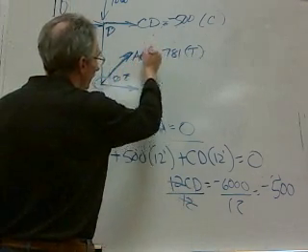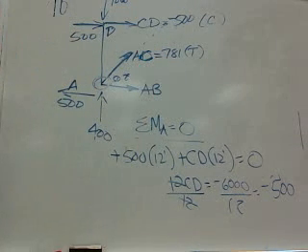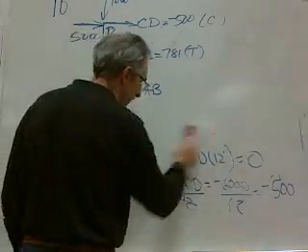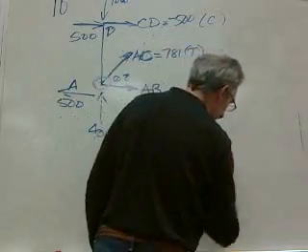Sorry about that. I had AD written up there, but it's AC. So what do you want to do? An X equation, or a moment equation? X equation. Okay, that's fine. Either one will work.